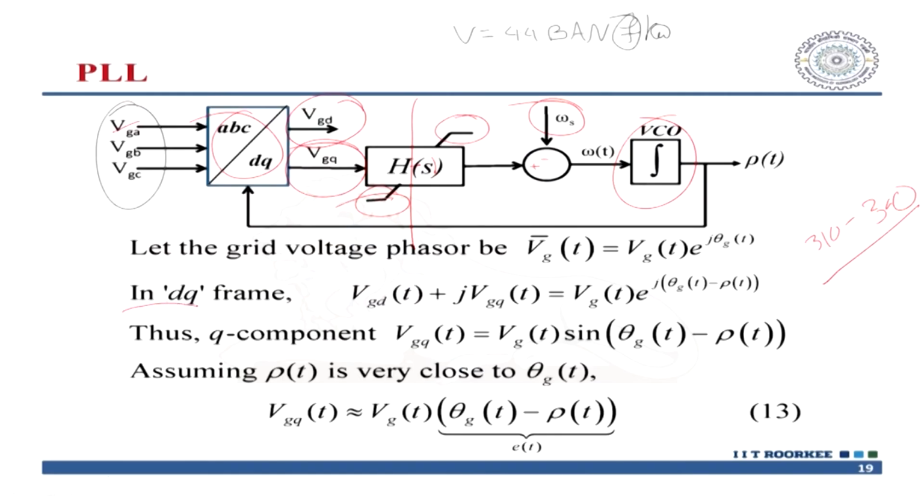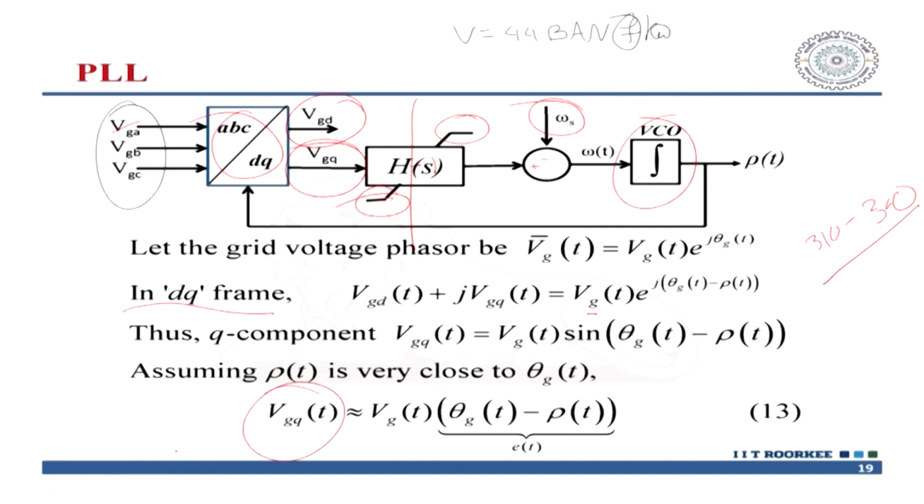So, this DQ frame: Vgd of t plus j Vgq equals Vg e to the power j theta minus rho. Thereafter, same for the q axis component, it will be a sine component, Vgq equals Vg sin of theta minus rho of t.